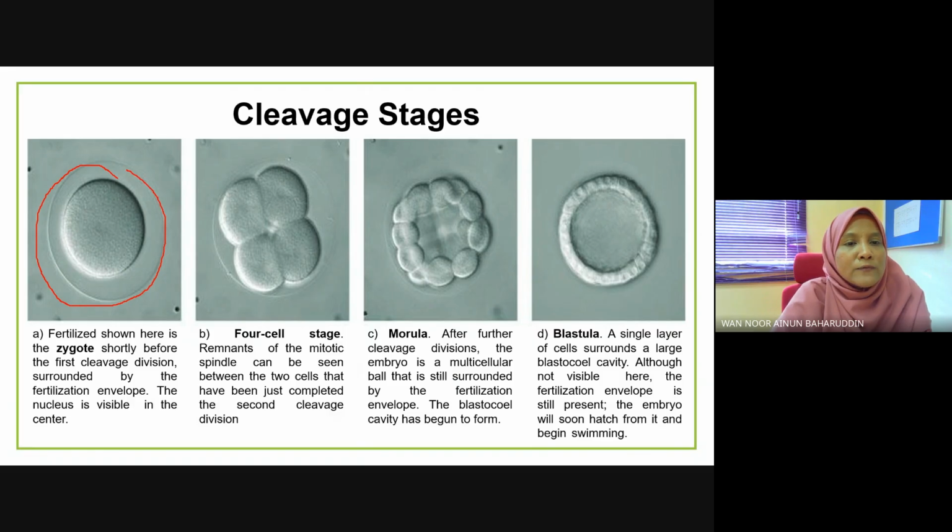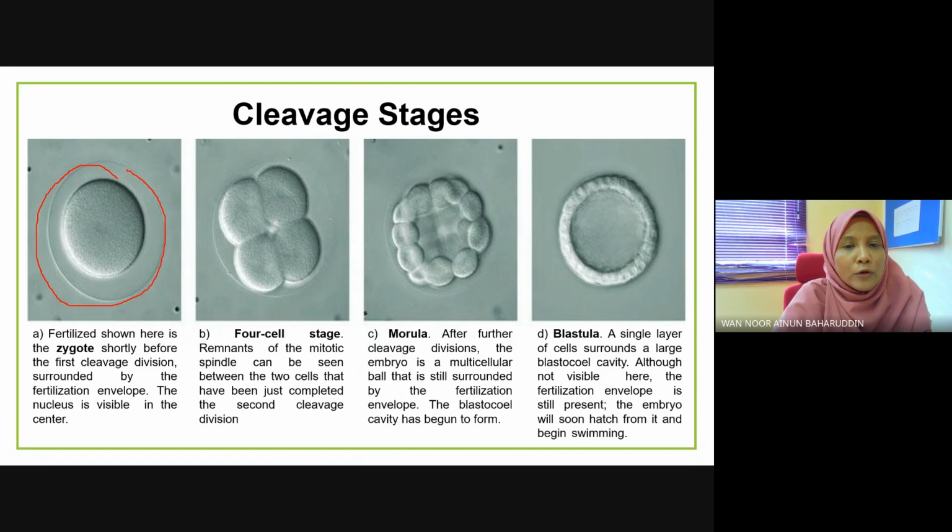The nucleus is visible in the center. At the second, 4-cell stage, remnants of the mitotic spindle can be seen. You can see the mitotic spindle that has just completed the second cleavage division.